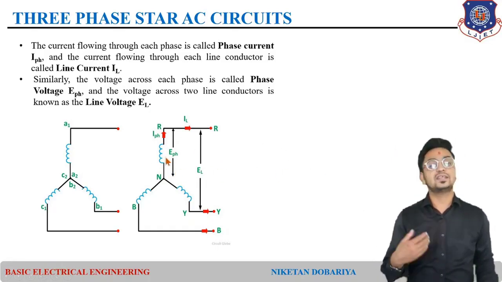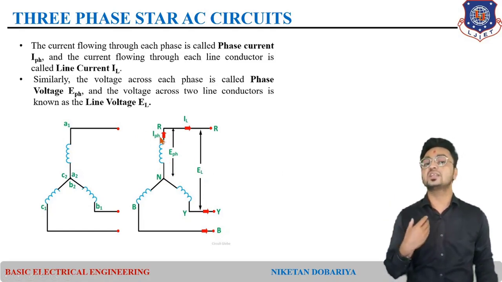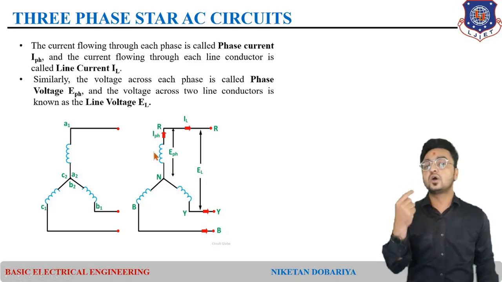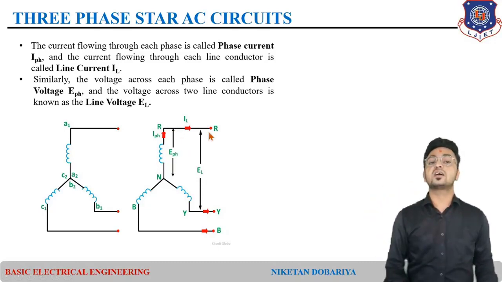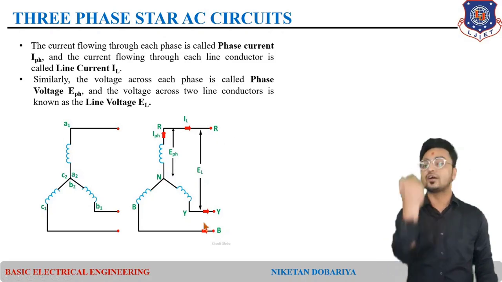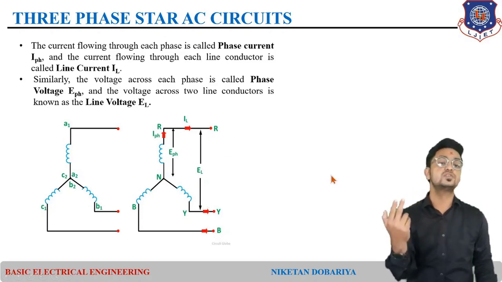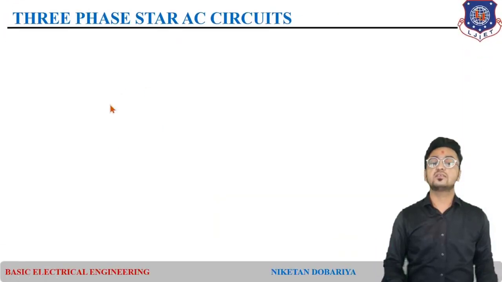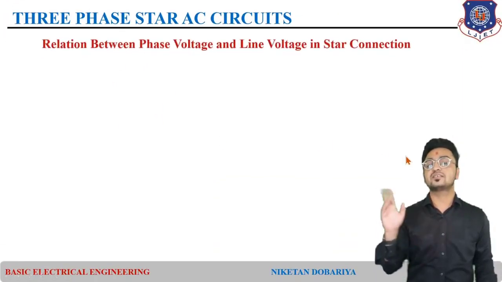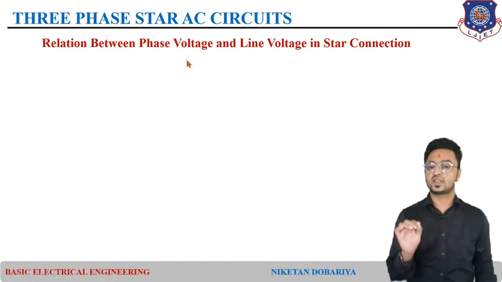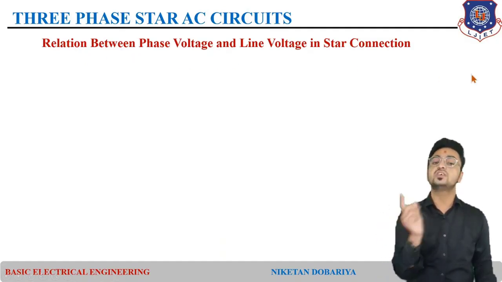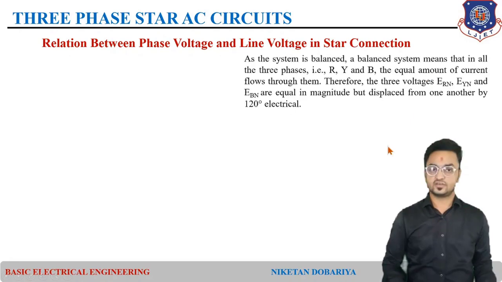As we have discussed, if we measure the voltage across one circuit or one phase, or the current of one phase, that is phase voltage and phase current, and if we measure the current of one line or voltage across lines, that is line voltage and line current. So these are the parameters discussed here.